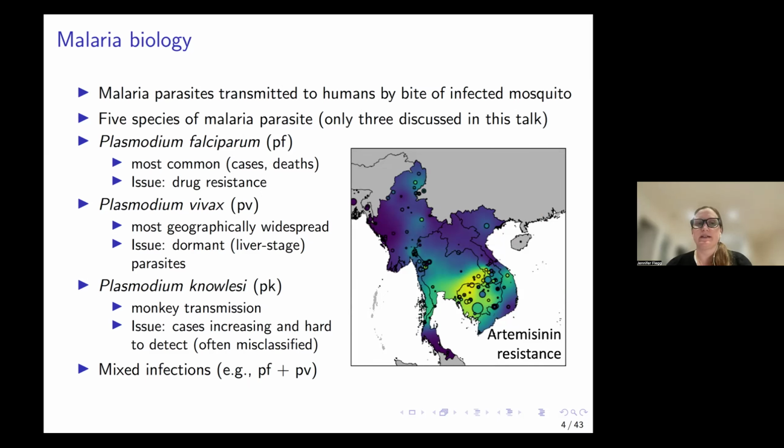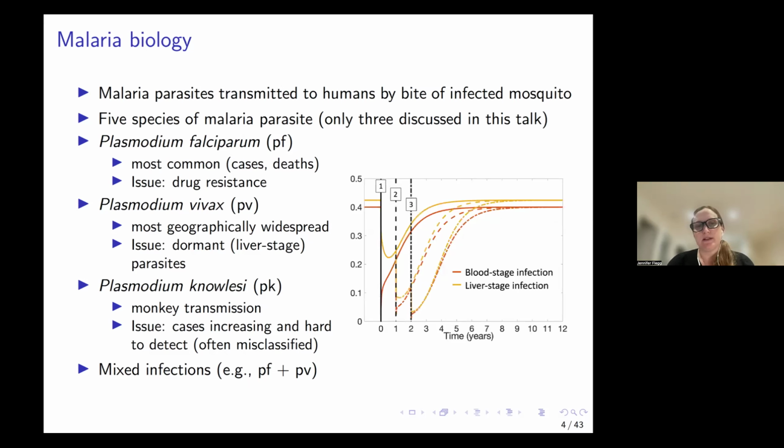Another species is called Plasmodium vivax, and I might call that PV for short. This is the most geographically widespread across the globe. A complication with PV malaria is that when you get bitten by a mosquito, you'll start to feel sick because of a blood stage infection. But you also have these parasites which make their way to your liver, and they just sleep there for an undetermined amount of time.